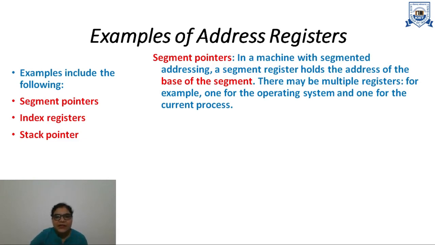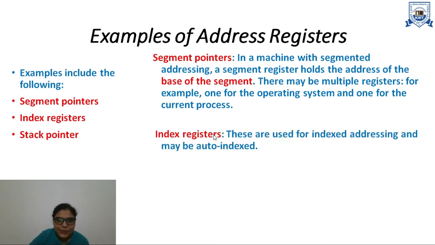A segment register holds the address of the base of the segment, or we can say the segment pointer points to the start of a segment. There may be multiple registers, for example, one for the operating system and one for the current process. Different segments are stored in memory, so different segment registers can be used.